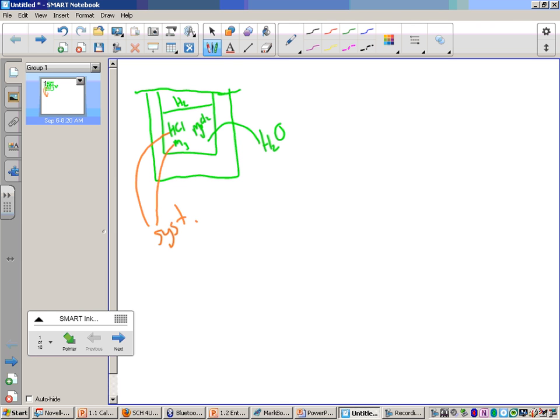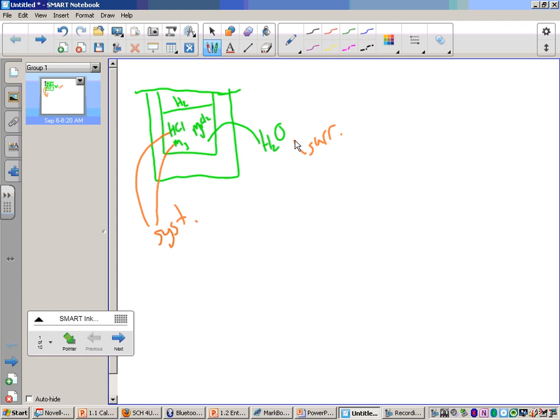Yep. The water. And the surroundings essentially is the substance or substances, it could be more than one, that are nearby this chemical system that allows it to catch the heat if it's produced, or give heat in if the chemical system needs energy, if it's endothermic. So the water itself is the surroundings.